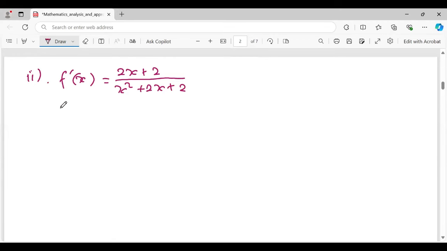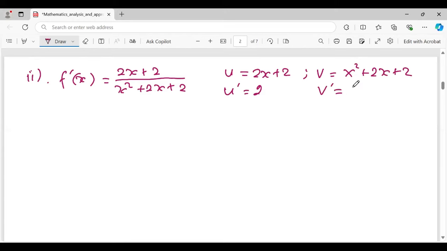We're going to find the second derivative. I'm going to use, let u equal 2x + 2. So the derivative of u is 2, and for phi, the denominator x squared + 2x + 2, the derivative of phi is 2x + 2.